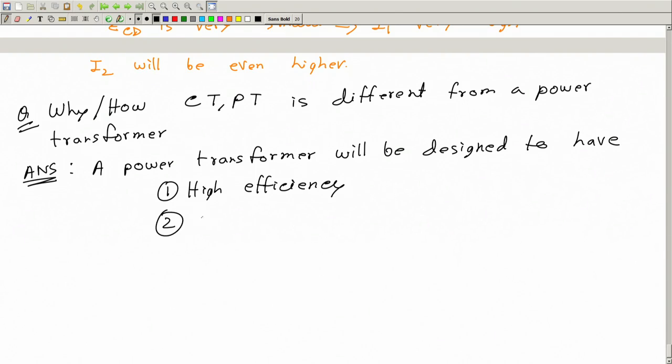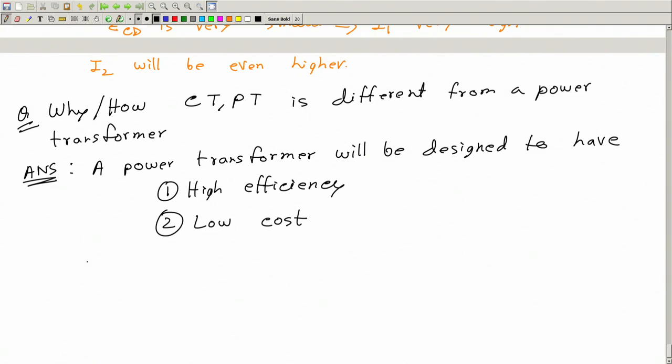And the second factor could be low cost. So we will not use unnecessarily high quality core because we want to reduce cost. We will not use unnecessarily very thick big conductor because we want to reduce cost.